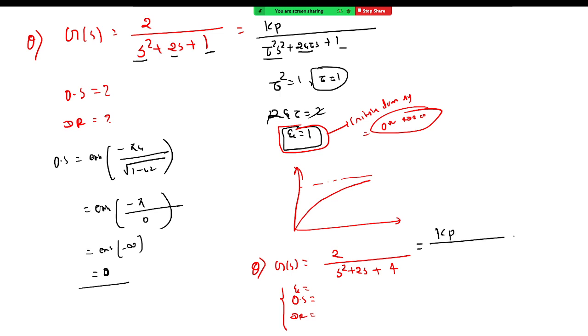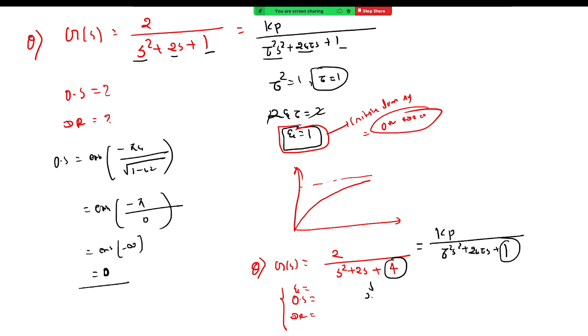Okay, so can I write Kp upon tau square s square plus 2 zeta tau s plus 1? Try to understand how you can solve this to minimize mistakes. Here it should be 1, but here it is 4. So how can I convert this into 1? I'll divide numerator and denominator by 4.